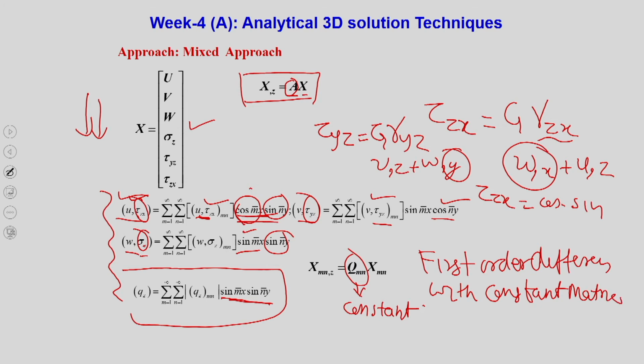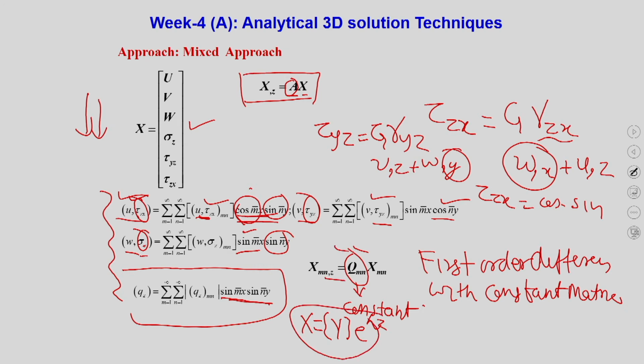Now, you know the solution of that. Assume, let us say, a matrix Y, because this is a matrix, and e raised to the power of lambda z. Substitute it here, and it reduces again to an eigenvalue problem, and from that find out the eigenvalues.